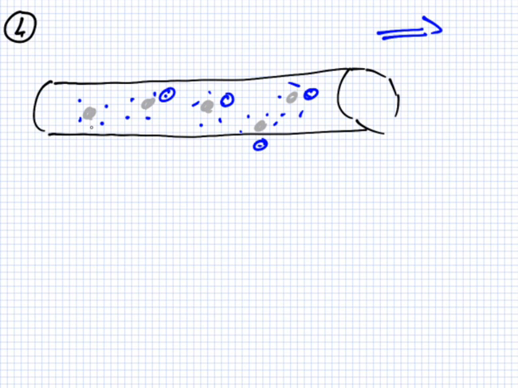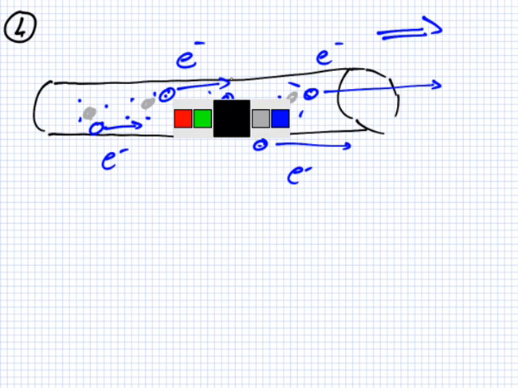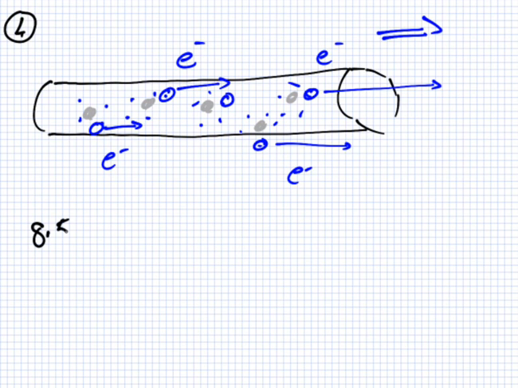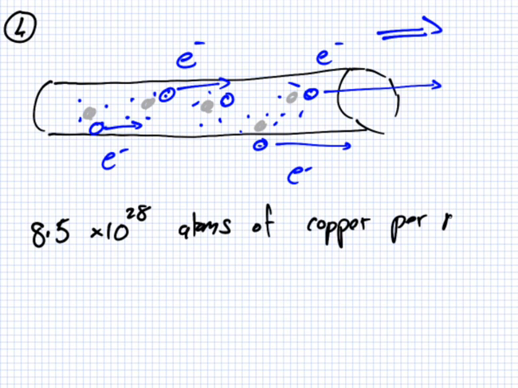Okay. 2 more questions left. Number 4. Can I scroll down? Yep. Number 4 is a little bit difficult. In number 4, what's happening is you have a copper wire. And inside the copper wire, there are copper atoms.